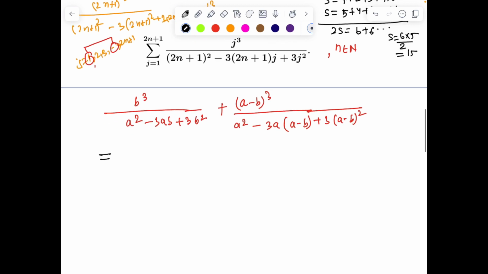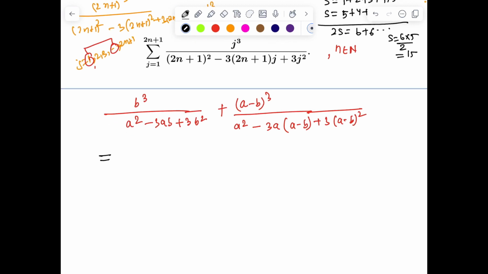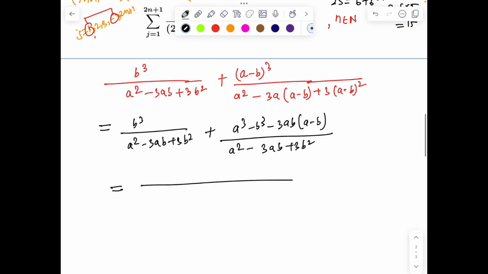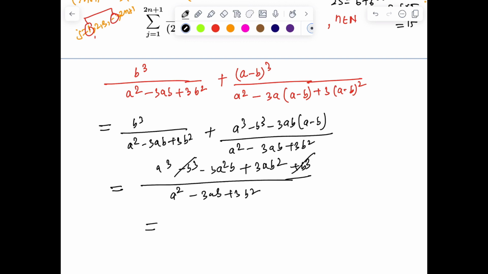Now it's not very difficult to evaluate this because we can write the given sum as b cubed by a squared minus 3ab plus 3b squared, plus (a minus b) whole cubed over the same denominator. The numerator gives a cubed minus b cubed minus 3a squared b plus 3ab squared plus b cubed, and the denominator is a squared minus 3ab plus 3b squared.